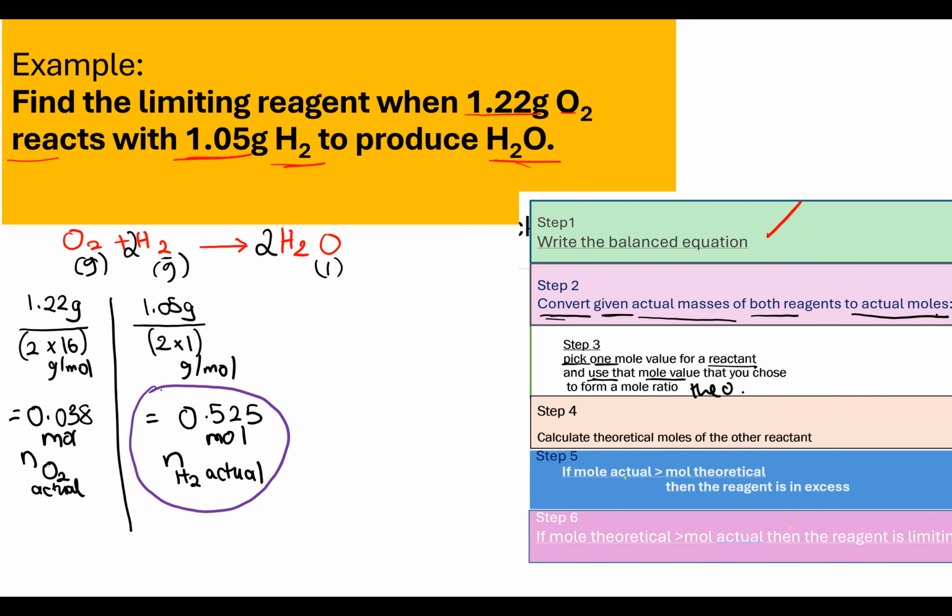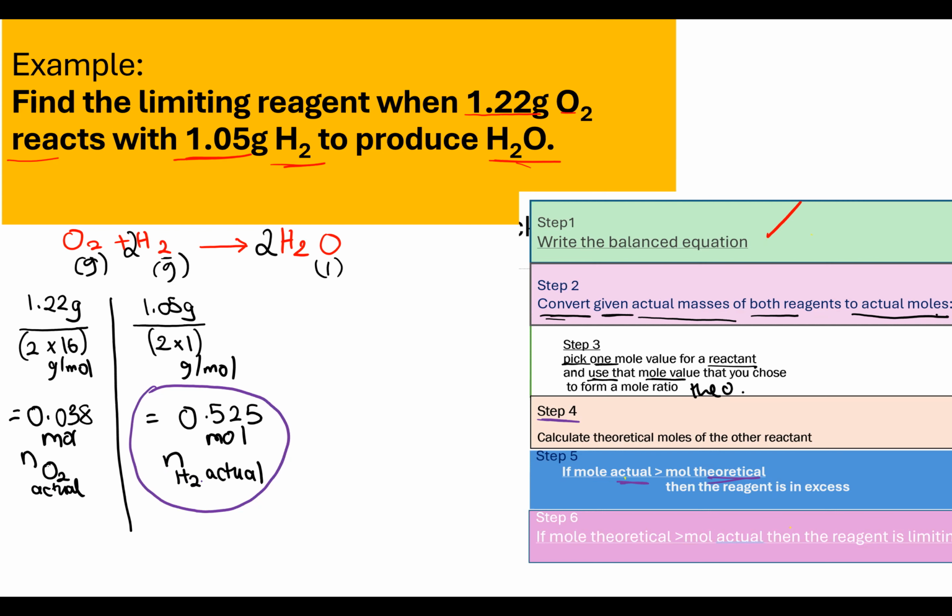Now let's do steps number 3 and 4 in order to calculate the theoretical moles. I have actual moles of each one, but I want to get to the theoretical moles because eventually for the same reactant, I'm going to compare its actual moles to its theoretical moles and see which one is bigger. Based on that, I'll make my judgment.